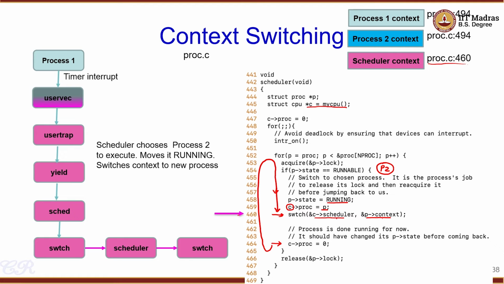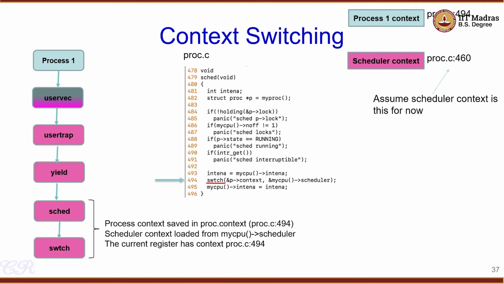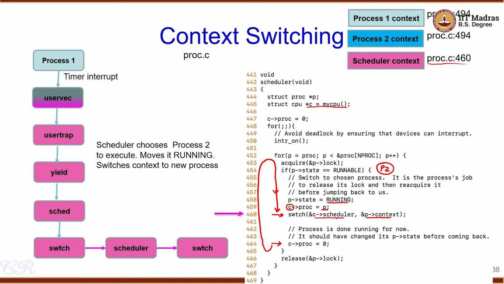The process 1's context, because the registers have been stored, is at proc.c 494, that is where the switch occurred. Similarly, process 2's context is also at proc.c 494 because sometime earlier, as we have discussed, process 2 had executed and there was a context switch. So, the similar statements had executed and the context corresponds to proc.c at line 494 in process 2's context.